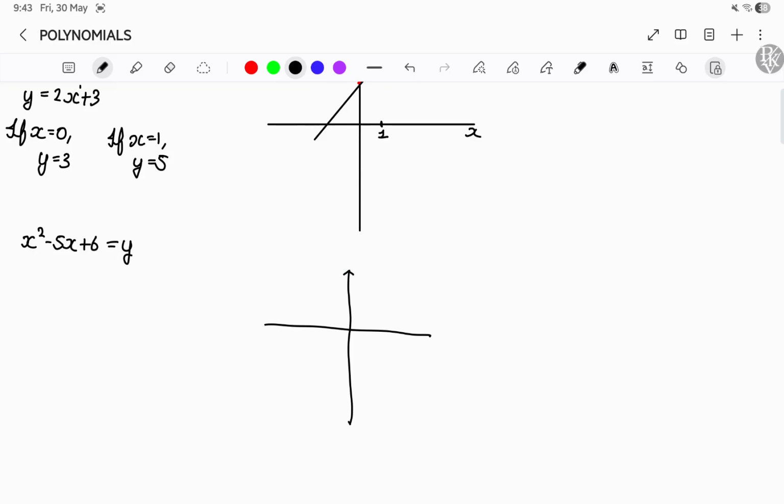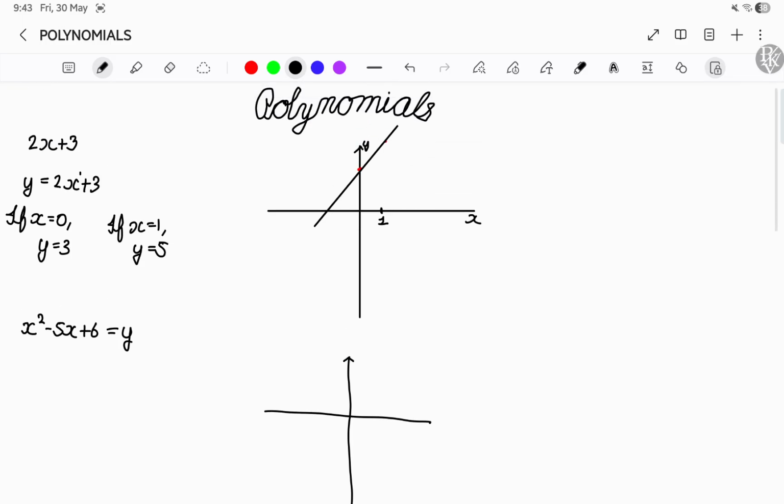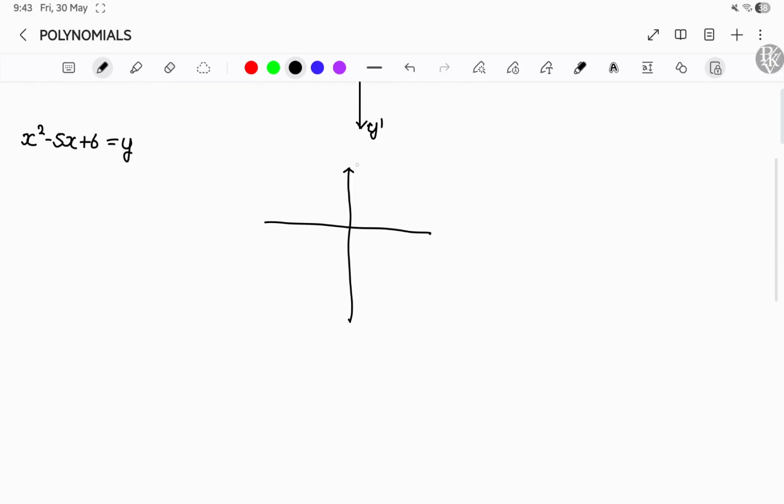One thing to note is that last time I did not draw these arrows because the coordinate plane never ends, it goes on forever. You need to draw these symbols also. This way is y, this is x, this is y dash, and this is x dash.